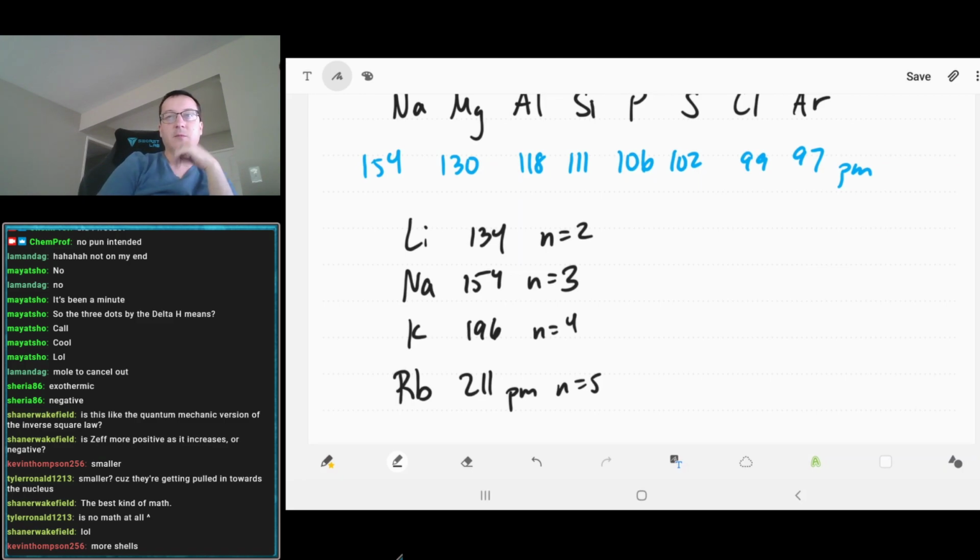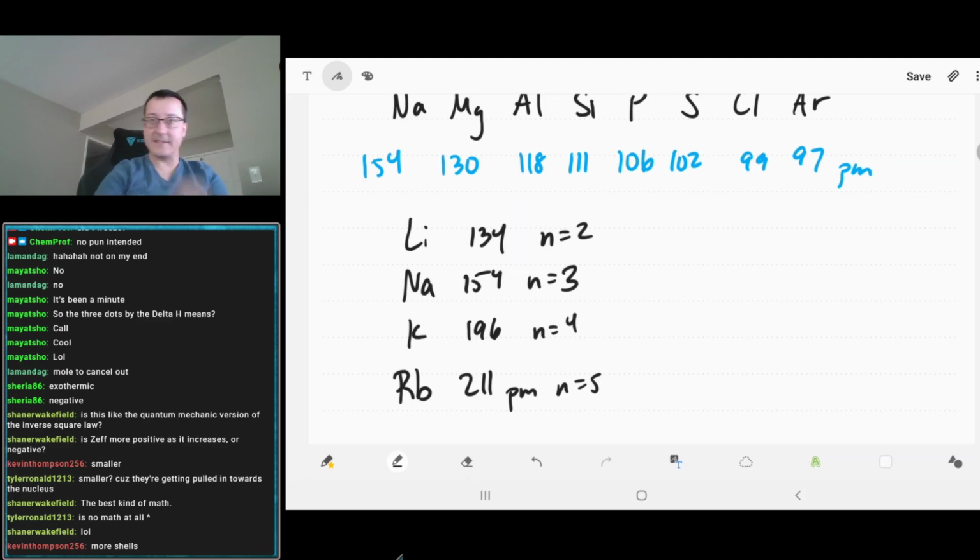Going down the periodic table, even though we have technically higher effective nuclear charge, simply because there's more shells, it's got to be bigger, right? No matter how much we contract that n equals 3 shell, putting on another shell makes it just bigger. No way to get around that. So that's always going to be the case.